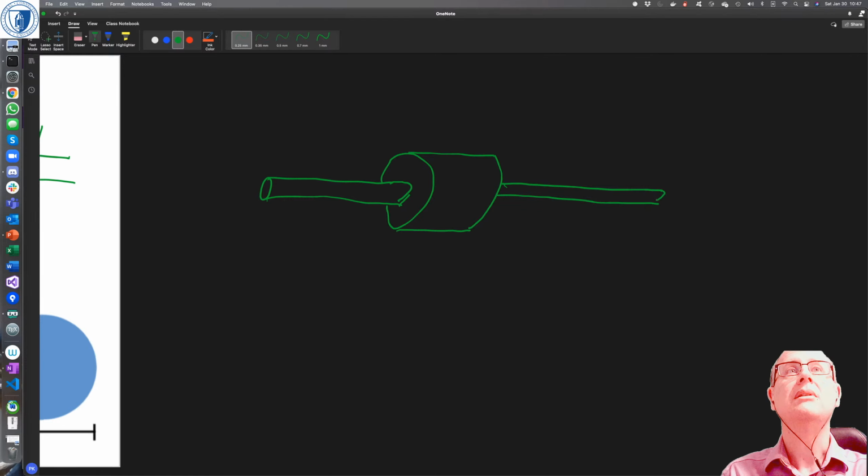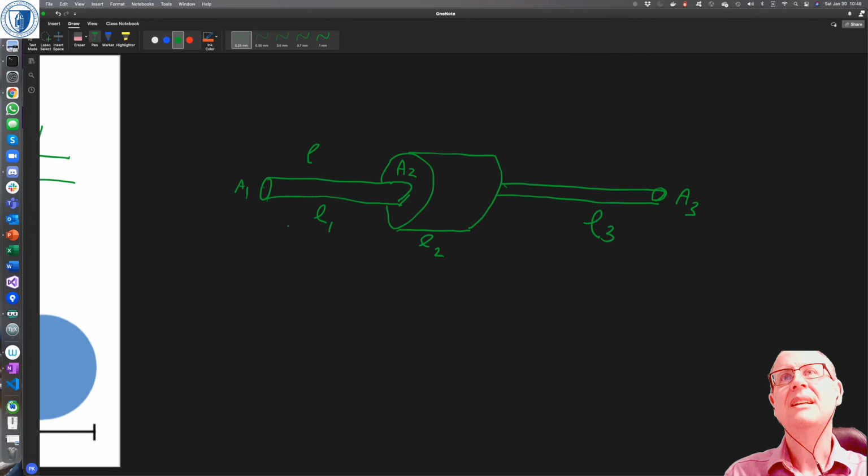This one has an area A1, a length L1, and it's all made of the same stuff, so rho is the same. This one has an area A2, a length L2, and rho is the same. This one has, let's just draw an area A3 and a length L3.